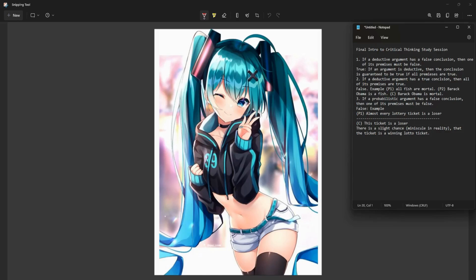Okay, that works. 4 is if all of the premises of a deductive argument are true, then its conclusion is true as well. And the answer is true. If you have all true premises for a deductive argument that is valid, then the conclusion must be true.